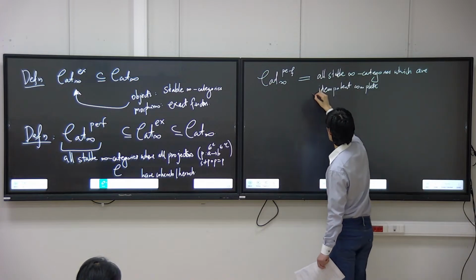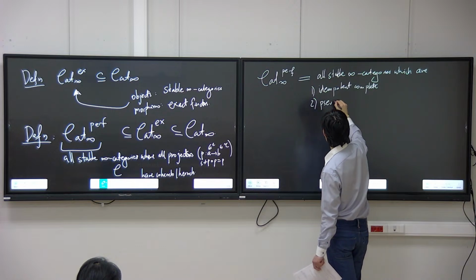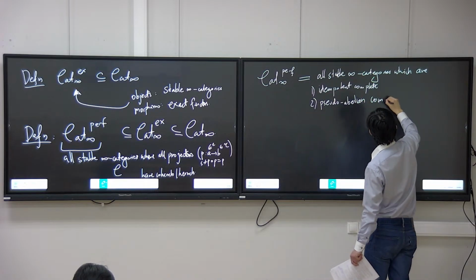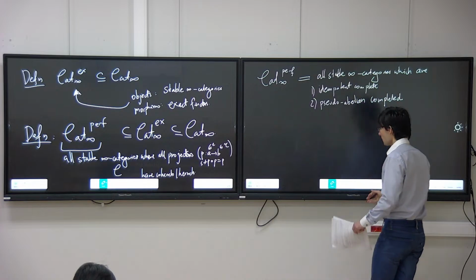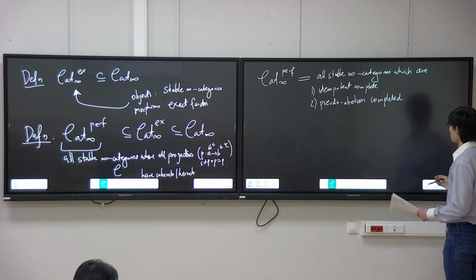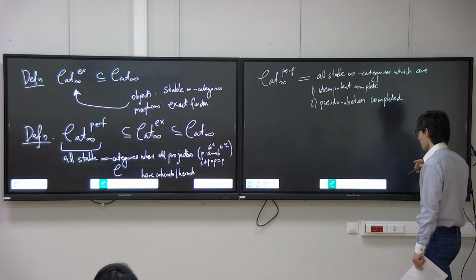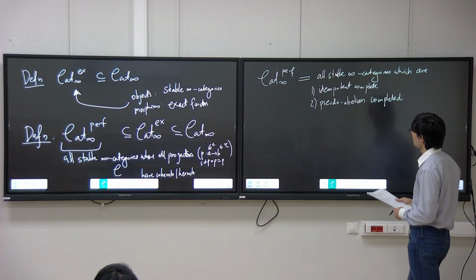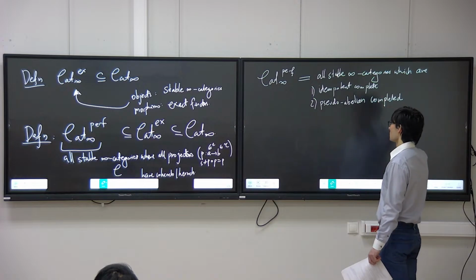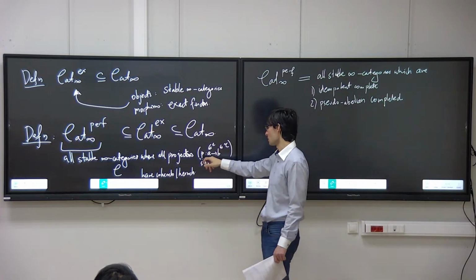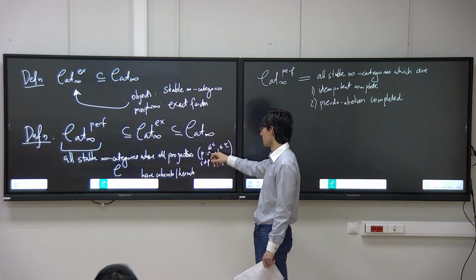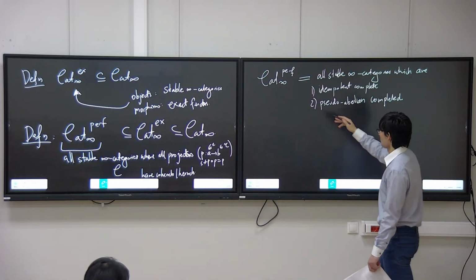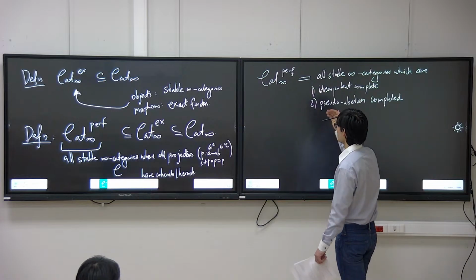Or another way of writing it is pseudo-abelian completed. Remember when we defined the category of Grothendieck motives, we passed to the pseudo-abelian completion after defining our homomorphism sets, which is the same thing here. But we did it for Grothendieck motives for another reason: we wanted the diagonal to be able to split. Here, it turns out to be a nice category with enough descent properties.